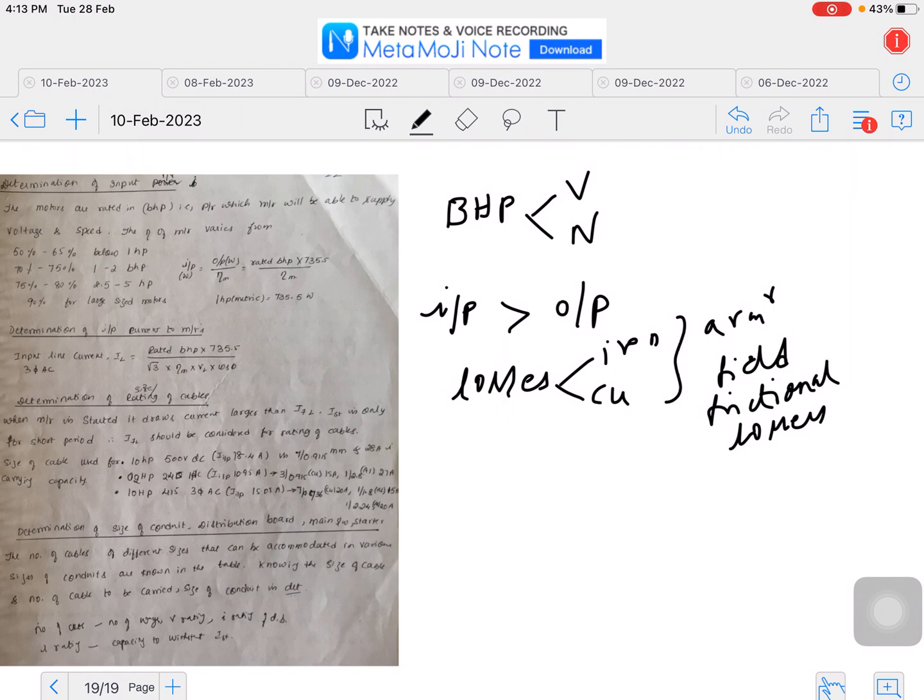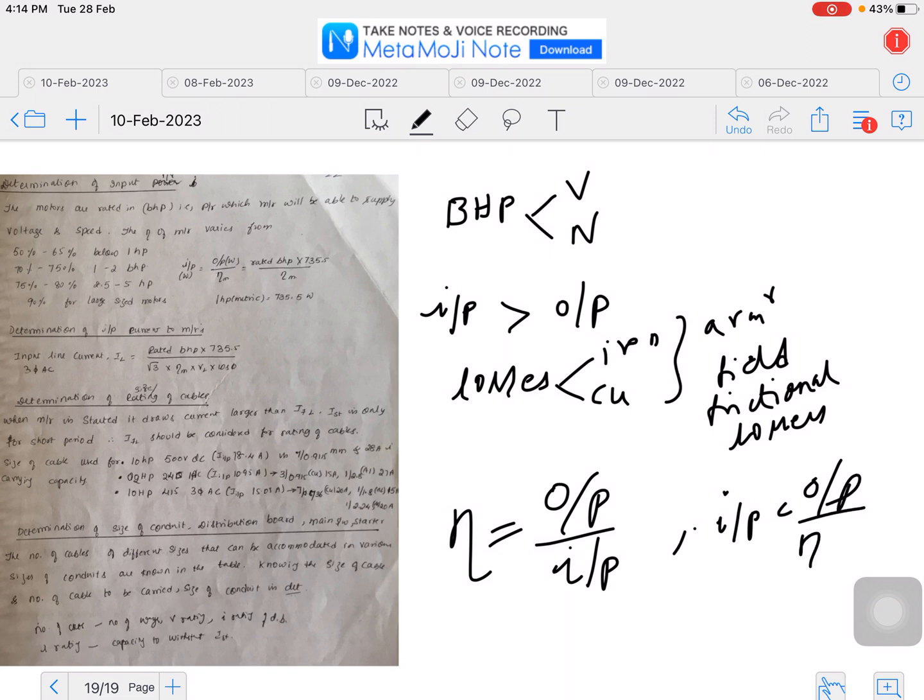The efficiency of the motor is represented by output by input, and knowing the efficiency you can find out the input. That is, input is equal to output divided by the efficiency.